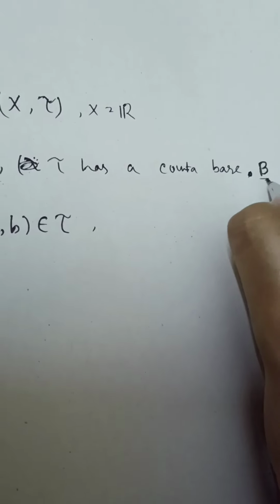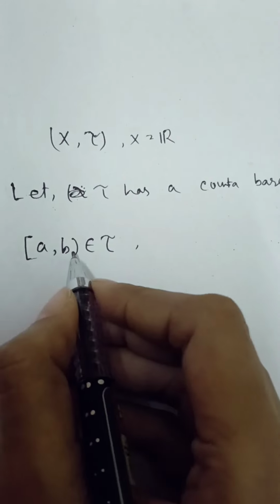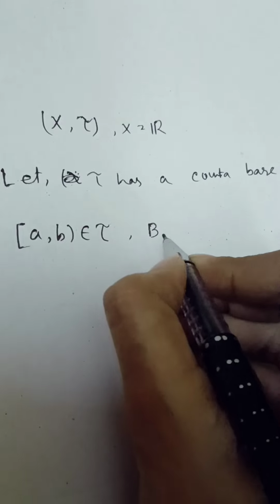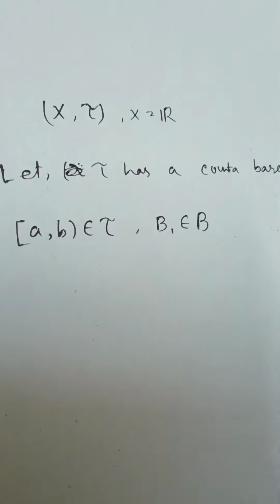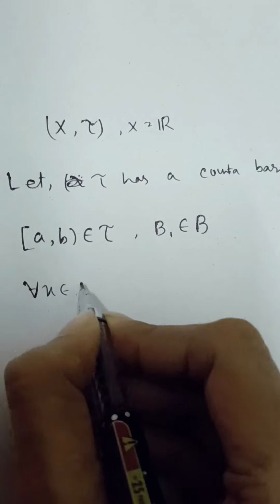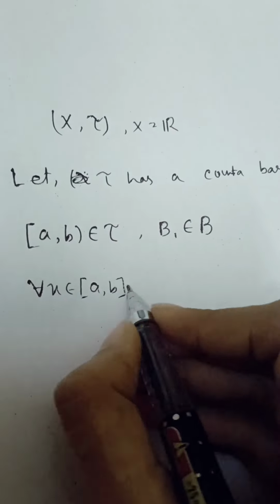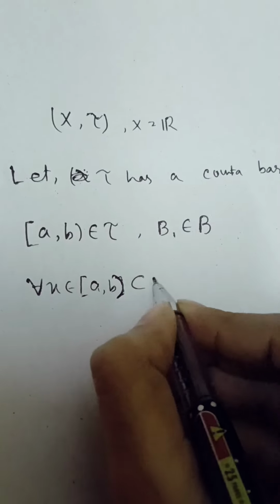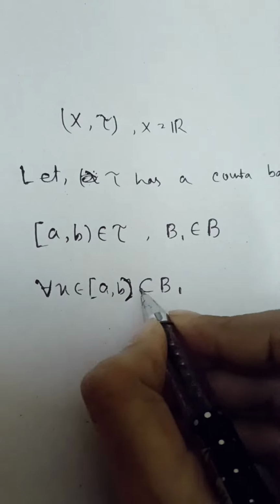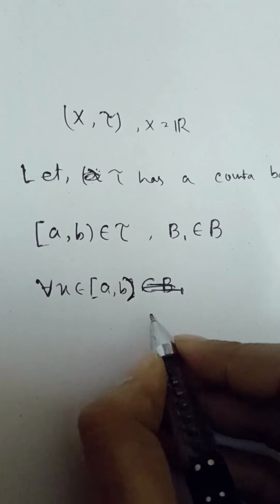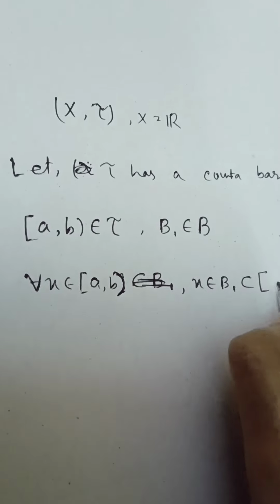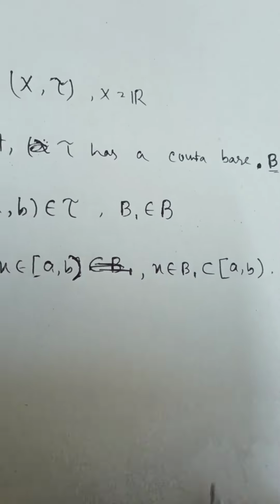Let us take the base B. So for any open set in tau, there must be an element B1 in the set B such that for all x belonging to the set, x is contained in B1, which is a subset of the set.